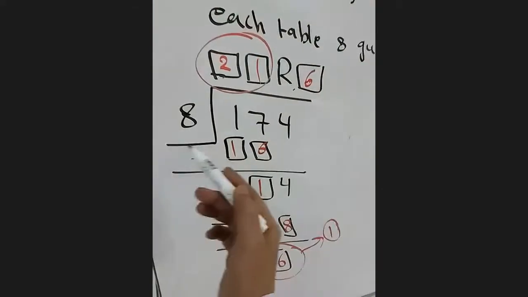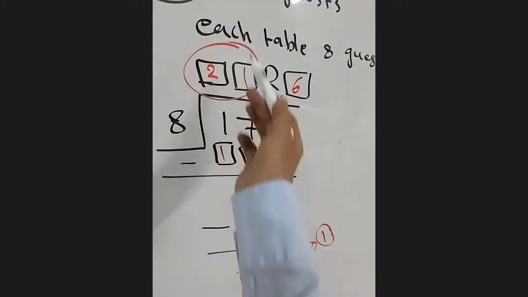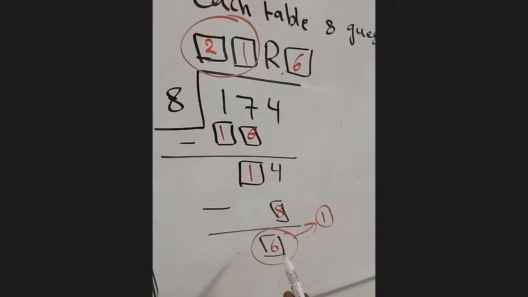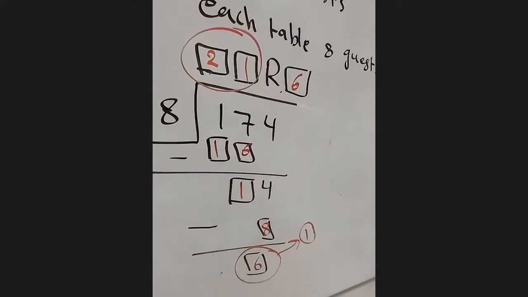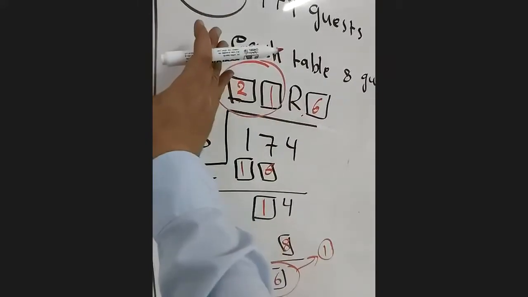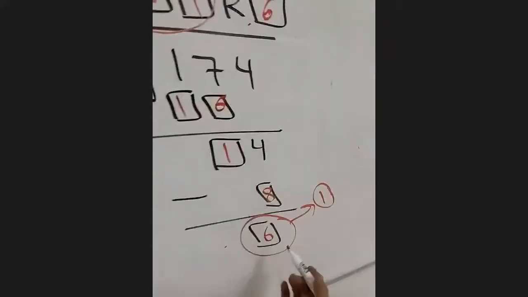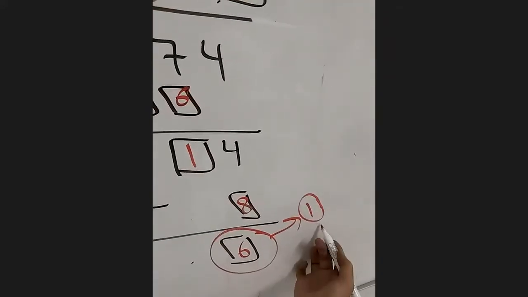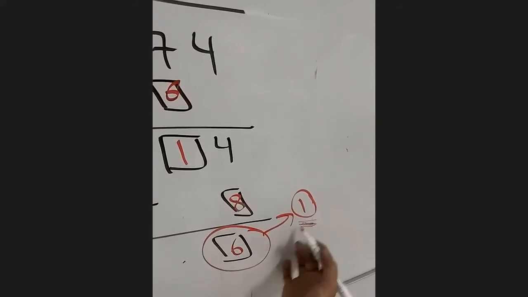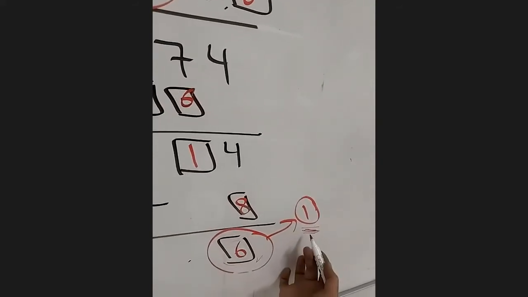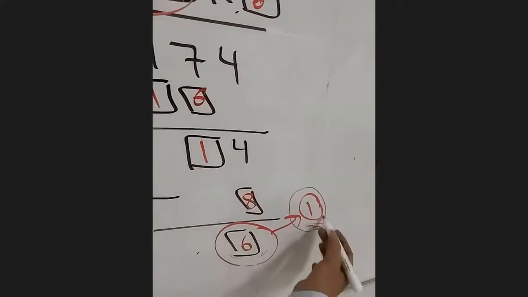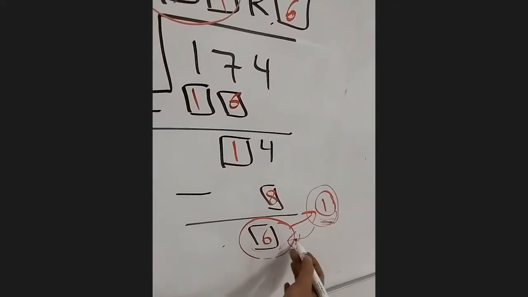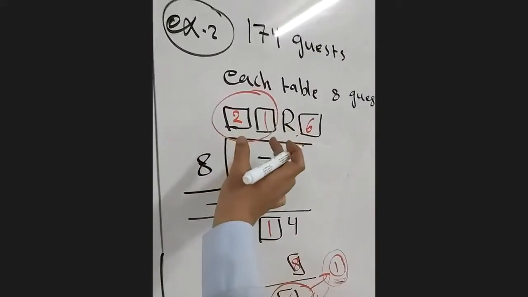When we divide, we have 21 tables, but still 6 guests without a table. So I bring an extra table for them to sit on.